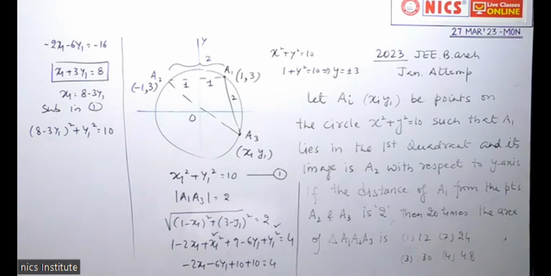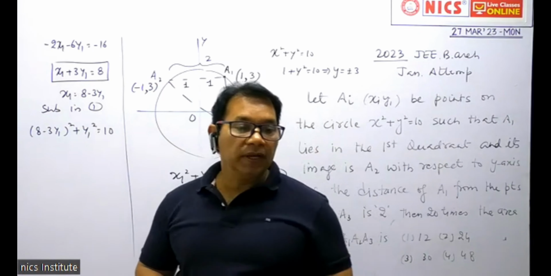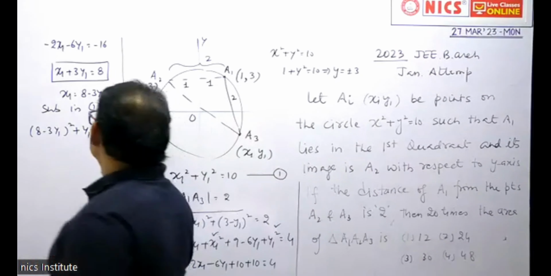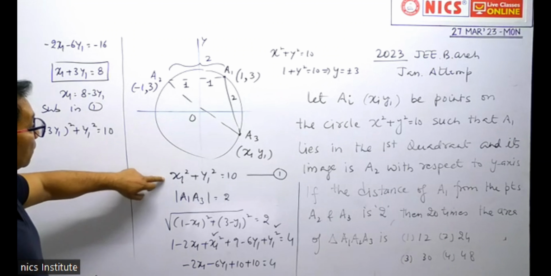Tell me what is the quadratic coming out to be? (8 minus 3y1) square plus y1 square equal to 10. Since x1, y1 was on the circle, we substituted here.